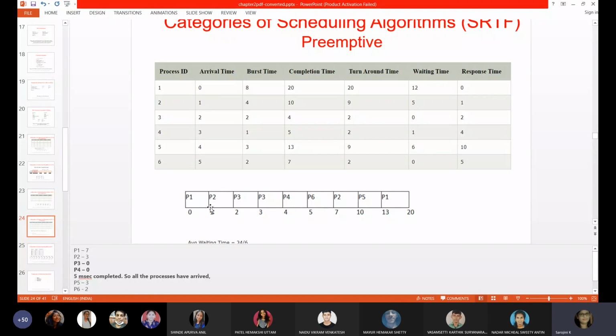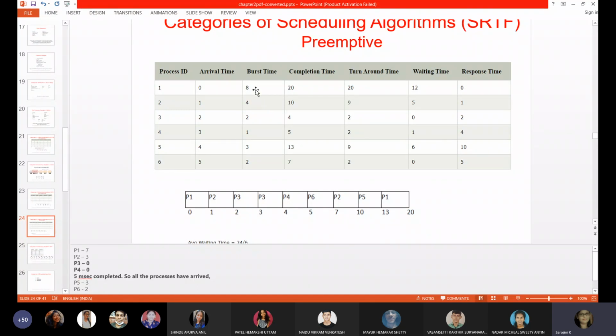So what is its remaining burst time? 7 milliseconds. So now which processes are currently available? Process P1 is on execution, but we have to include that also because it is a preemptive algorithm. Now currently at 1 millisecond, there are 2 processes only.